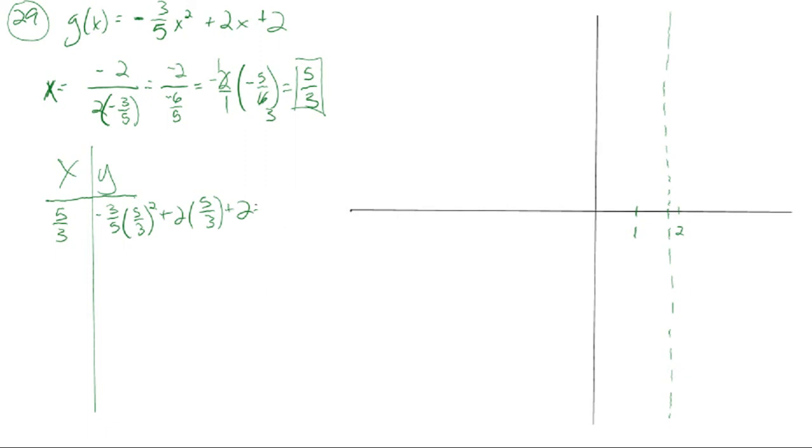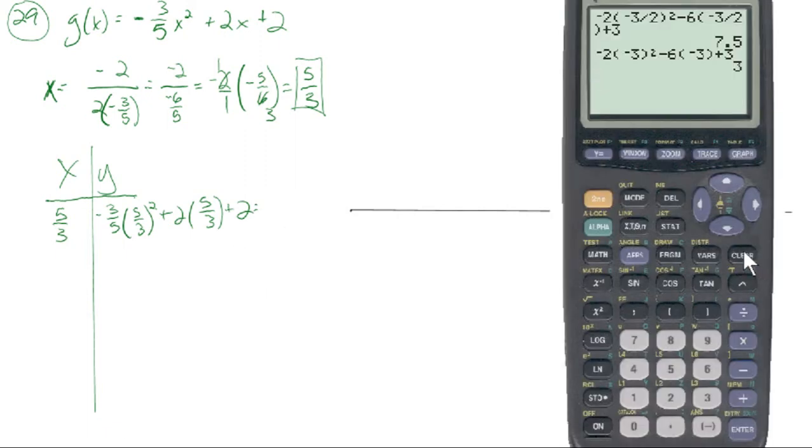What will that be? Let's pull out the trusty calculator, let's clear this out. So negative 3/5 times 5/3 squared plus 2 times 5/3 plus 2. Okay.